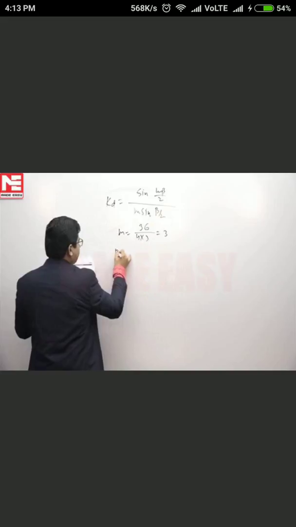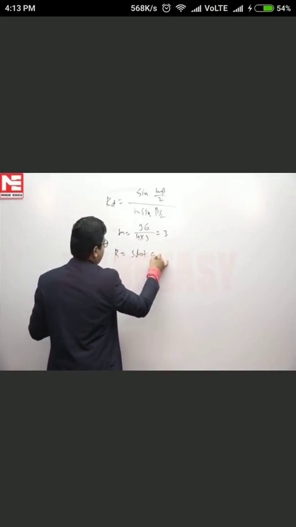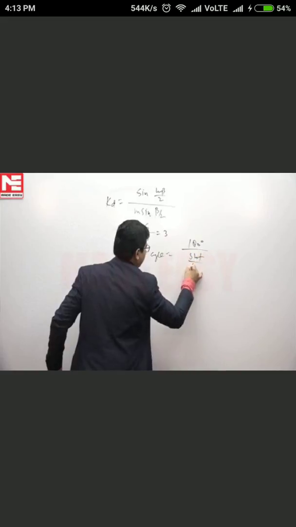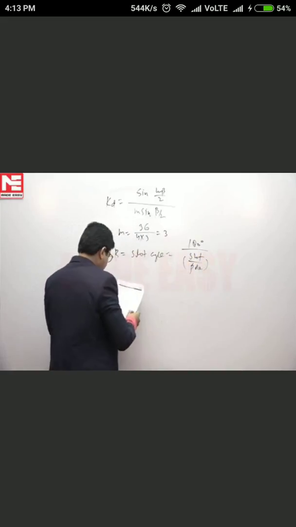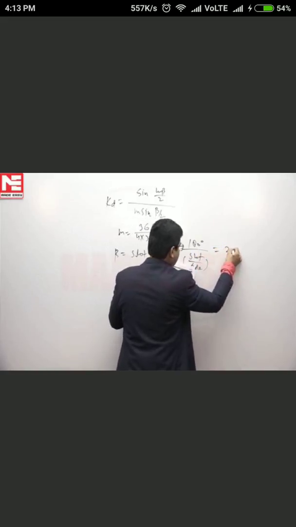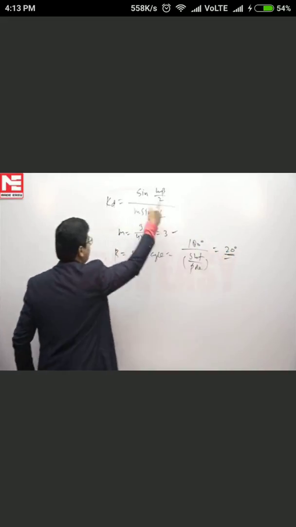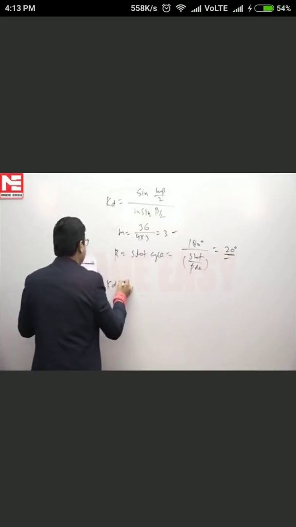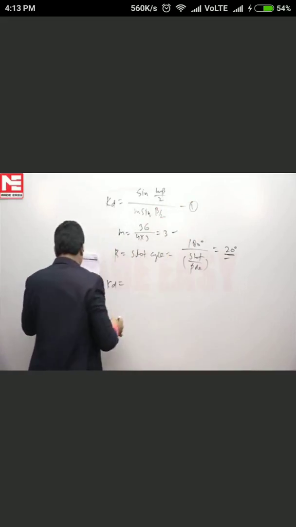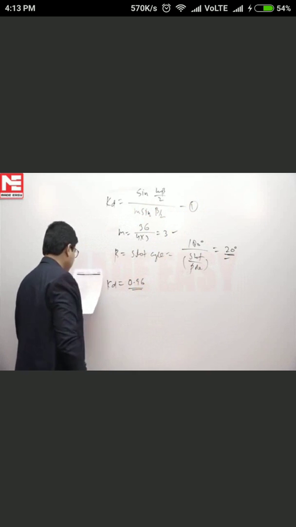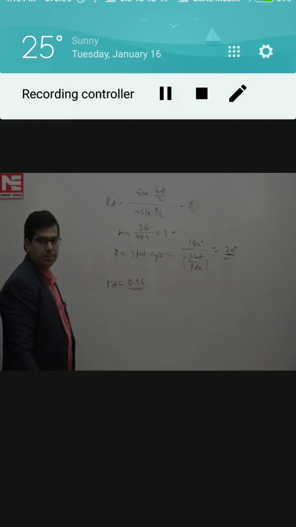Then the beta, the slot angle, is basically 180 degree divided by slot per pole. So this value is equal to 20 degree. Once we have calculated m and beta, just putting those all values in the equation number 1, the KD is approximately equal to 0.96. So our answer is 0.96.